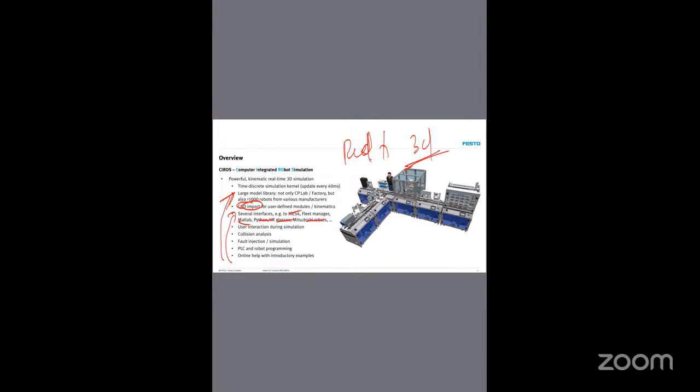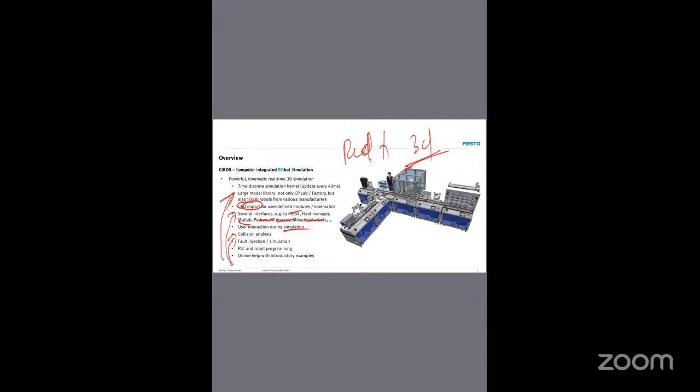Then user interaction during the simulation. That means during the simulation, for example, we can turn the sensor on or off, move the robot, or change the part. So user interaction is available during the simulation. We can check the collision analysis, whether a machine will collide, or whether the robot will collide with another robot or another structure.